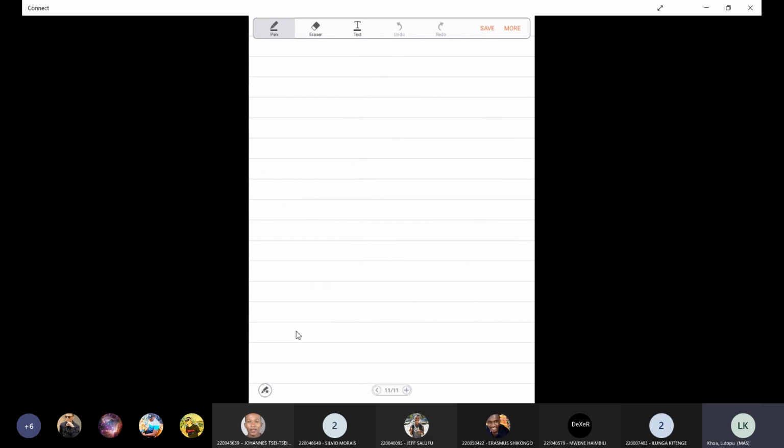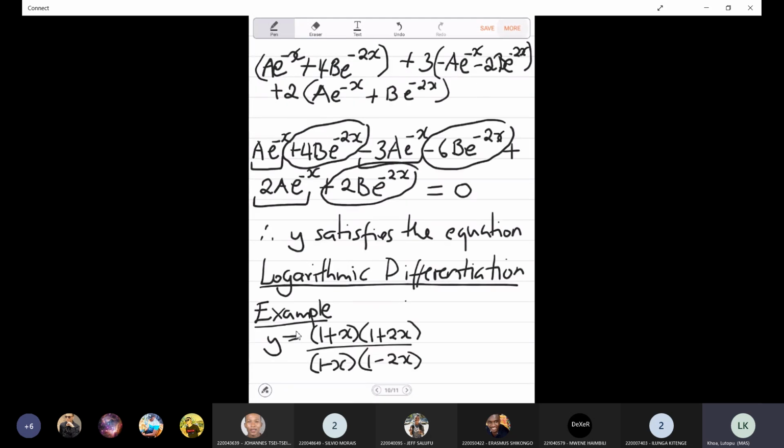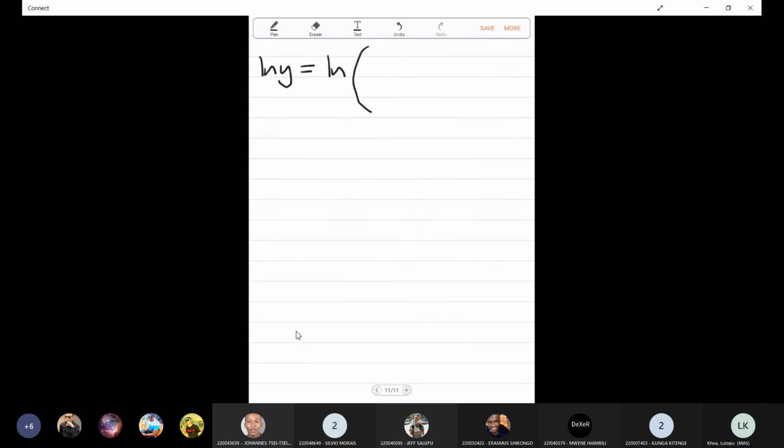So we have ln of y. This is ln of this entire fraction. Let me just copy it. Okay, so you take ln of the entire fraction, and we know how the laws of logarithms work. If you have a product, you can write that as a sum of logarithms. You have a quotient, you write that as a difference of logarithms.